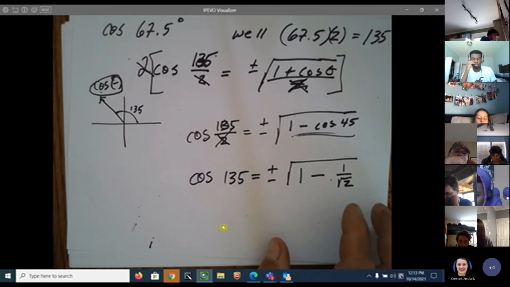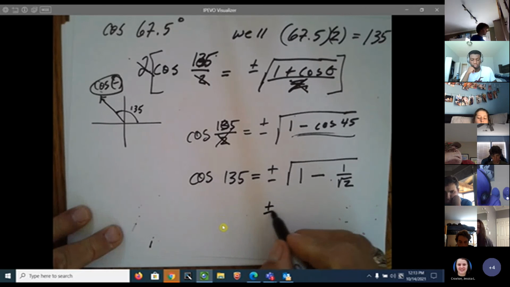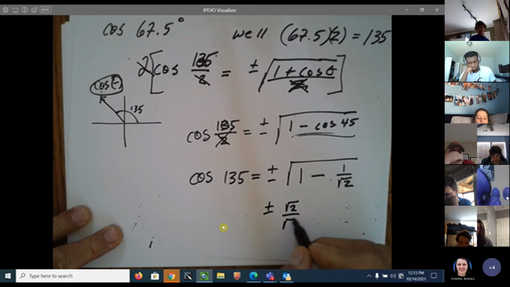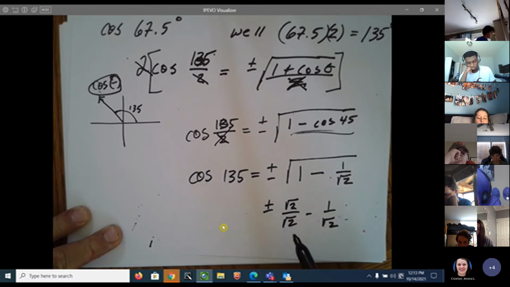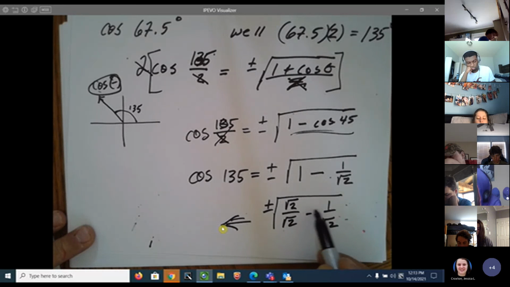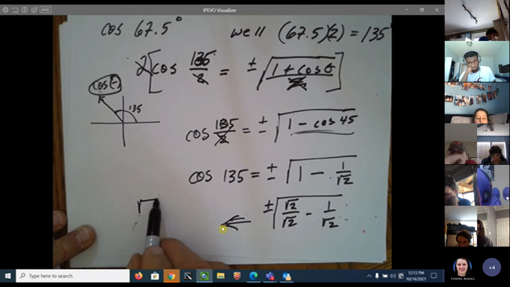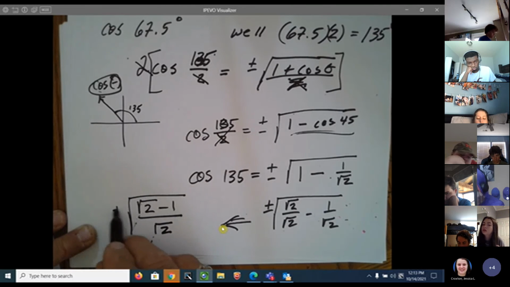So I'm going to get, and you don't have to do it this way, I'm just going to change 1 into the square root of 2 over 2. And that's going to be a square root. And then that's going to be square root of 2 minus 1 over the square root of 2. And the square root of all that, that's not really going to help very much.